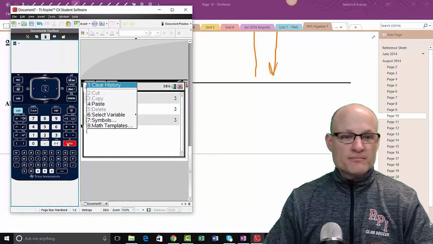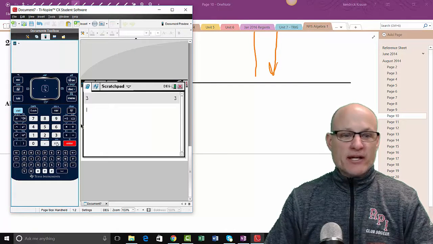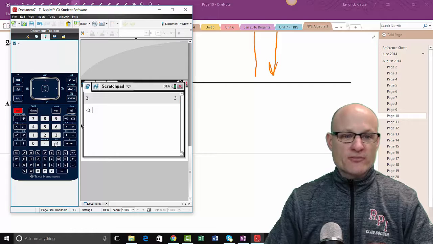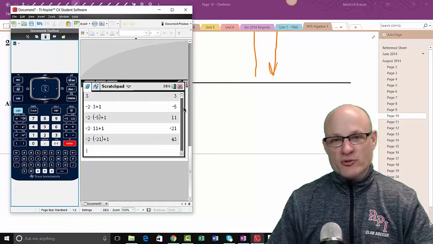Start out with 3. Okay. So now what I'm going to do is negative 2 times answer plus 1. Enter. Negative 5. 11. Negative 21. 43. 1, 2, 3, 4, 5. There's my answer. Don't have to show any work.